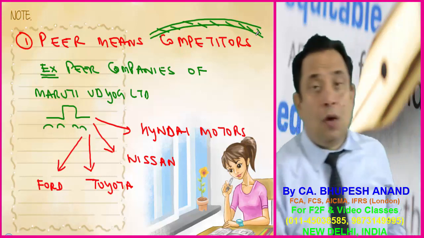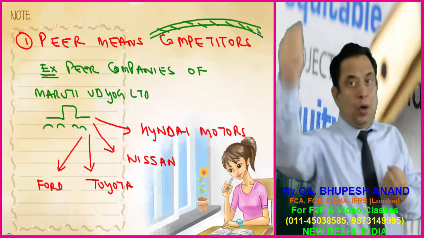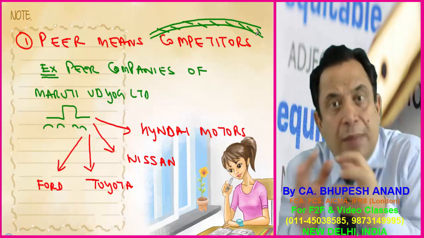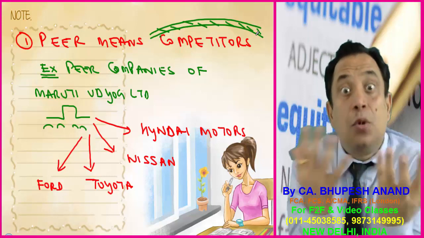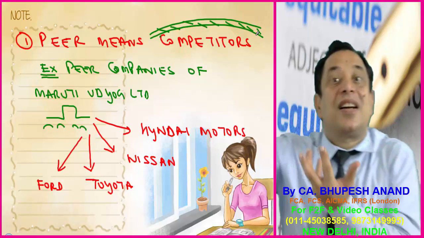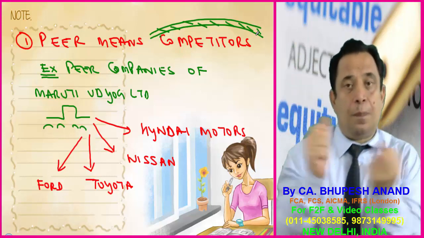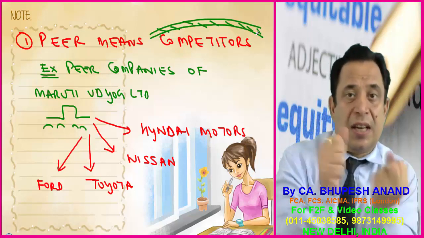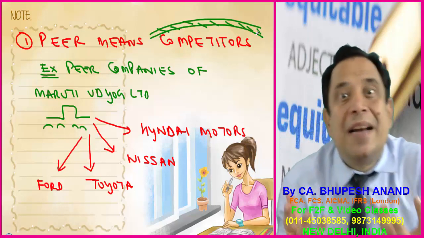I can say Hyundai Motors is a peer company of Maruti. So these are peer companies: Hyundai Motors, Ford, Toyota, Maruti Udyog. But Tata Motors cannot be a peer company because Tata Motors is going for a commercial type of cars. So peer means same type, same classification, same cost structure, same business model, same product, same services. Those are named as peers.